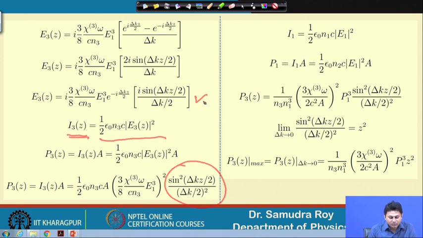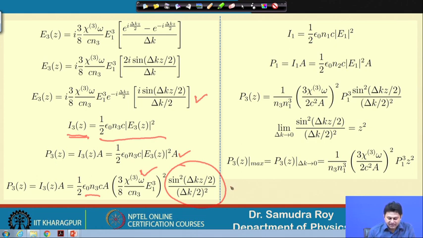So, once we know this is my E 3 z, I will make a mod square of that. When you do the mod square, this exponential term will cancel out and only this term will be here. So, it is here, and since I am calculating the corresponding power, one additional half epsilon 0 n 3 c, this term will sit here within area A, because power is basically area multiplied by the corresponding intensity.